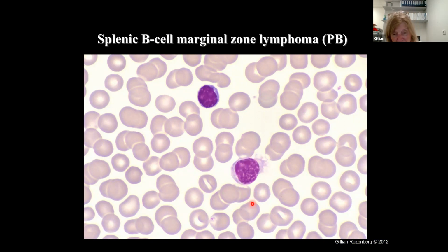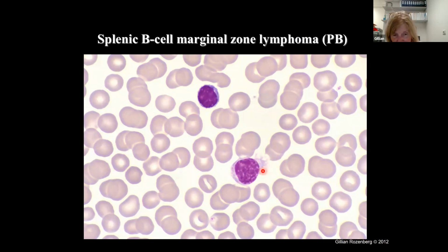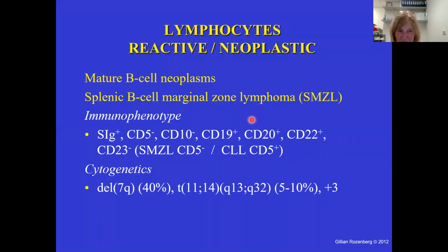You can see that the nucleus is just slightly towards one periphery of that cell, and see the villi here towards one pole. And I've compared it to a normal small lymphocyte, so you can see the difference. And again, looking at the immunophenotyping, CD5 negative, okay.